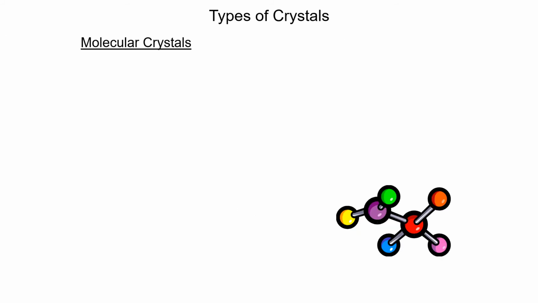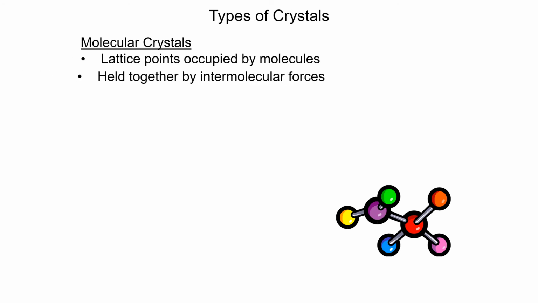So the next type of crystal is a molecular crystal. As the name indicates, the lattice points in these crystals are going to be occupied by molecules. They're held together by intermolecular forces.